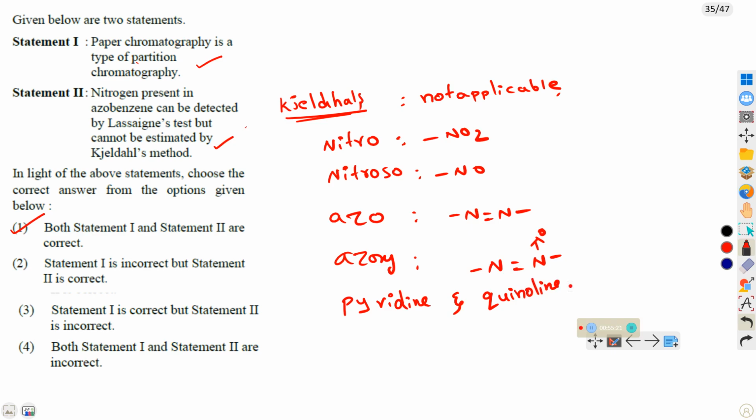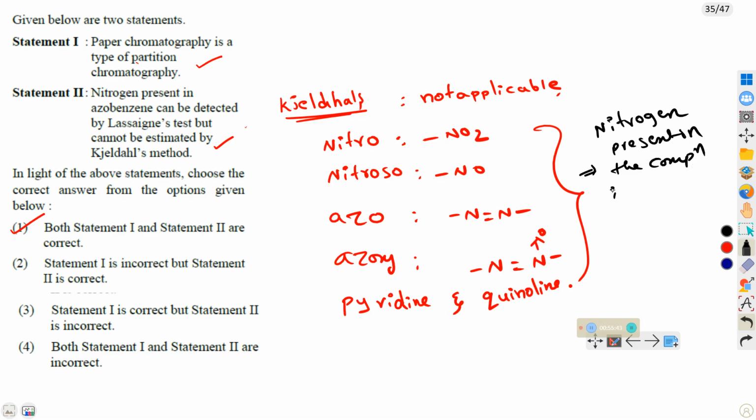It is not applicable for these compounds. What is the reason? Because nitrogen present in these compounds is not quantitatively converted to ammonium sulfate.